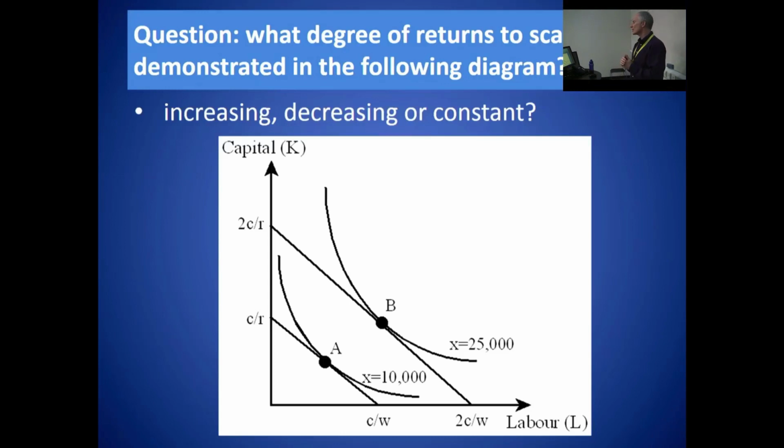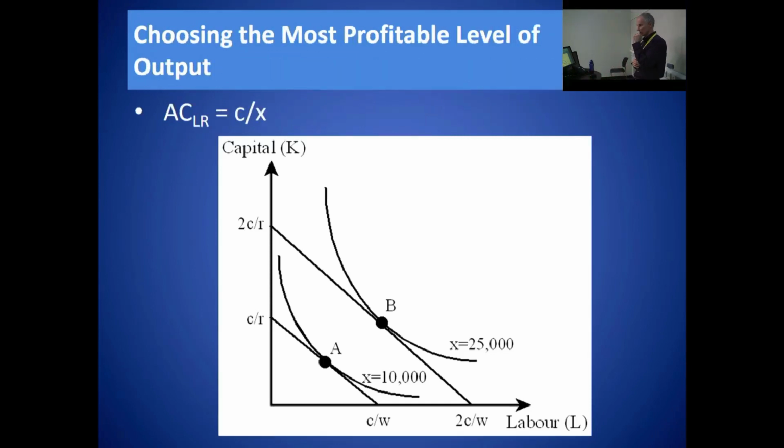So in this diagram here, we've got increasing returns to scale, but we still haven't quite got to the question we want to answer. We want to know something about the firm's long-run average cost. So what is long-run average cost?